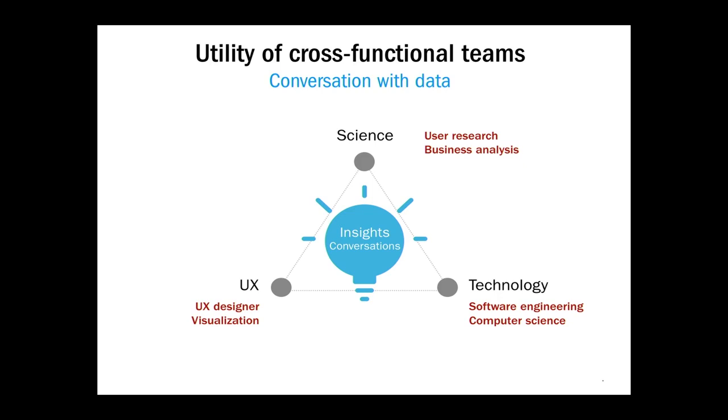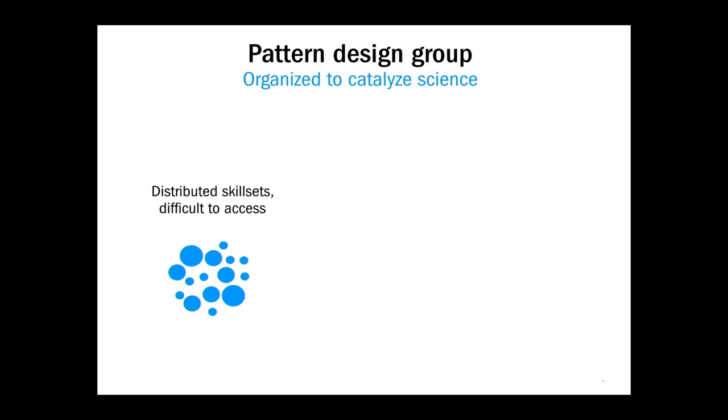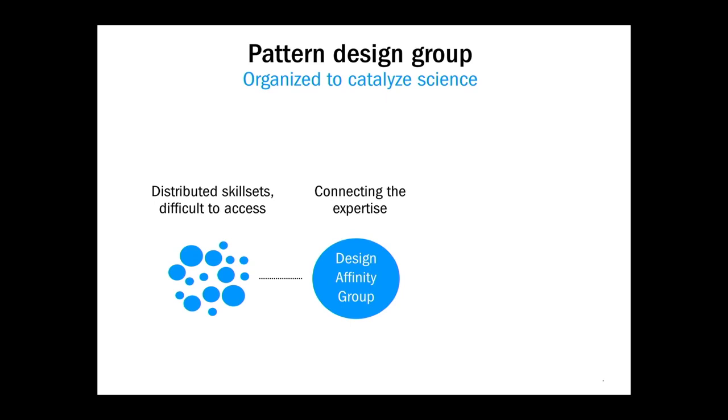And teams like this are not natural, I think, at the Broad, or perhaps not at the Allen either. But I think there are probably skill sets distributed across the institute, but difficult to access. We've been experimenting with new organizational structures where we bring those people together through a design affinity group that's grown to about 70 people embedded in different places around the institute to share the types of ideas I described.